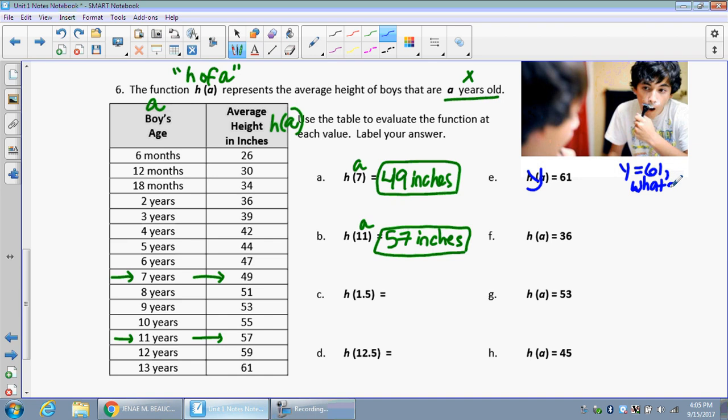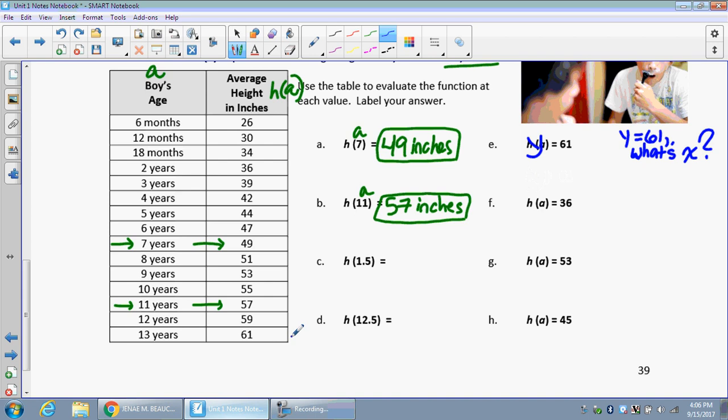What's x? So now we're going to go to this column first, and I find 61. So now we're going this way, if you like the arrows we've been using. I'm saying, I know this. And now I'm looking and saying, ooh, okay, if the height is 61 inches, they are 13 years old.